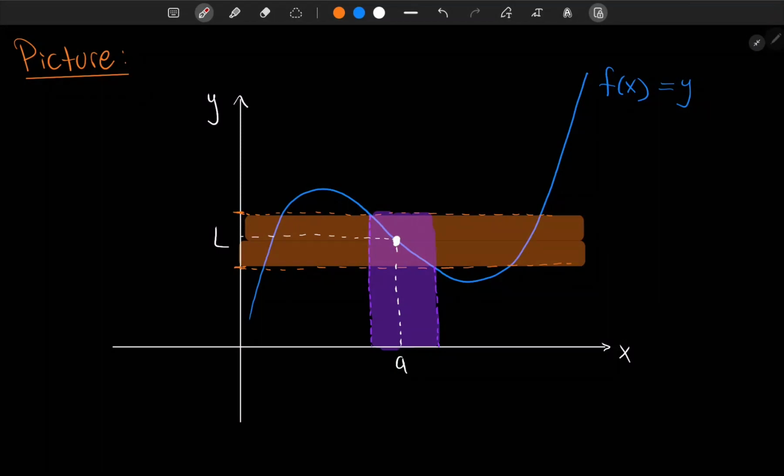So let's consider a picture of that vague definition we saw above, because the words themselves aren't very helpful. Let's consider a function given by this blue plot here, which we call f of x, and that's its y value. And this is in the xy plane. Then we said that we want f of x to be arbitrarily close to some L. So arbitrarily close here, we'll say, is within this orange region.